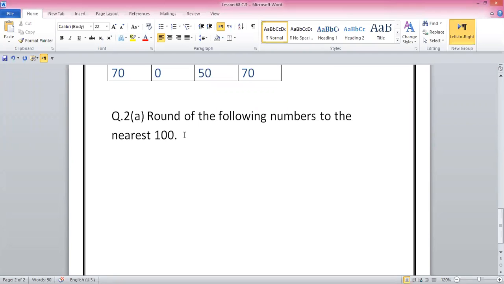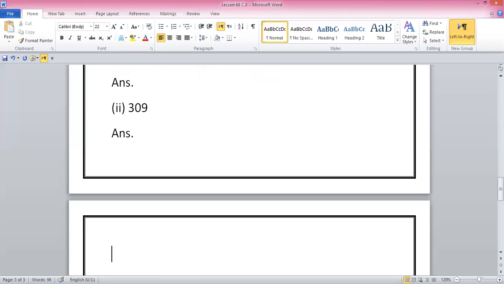And the numbers are, let's suppose, 167. The second one is 309. The third one is 451.